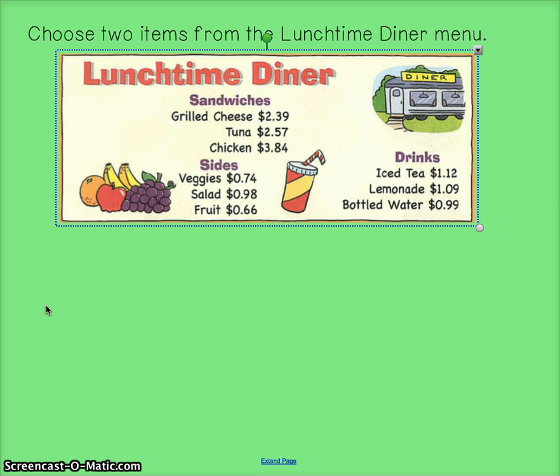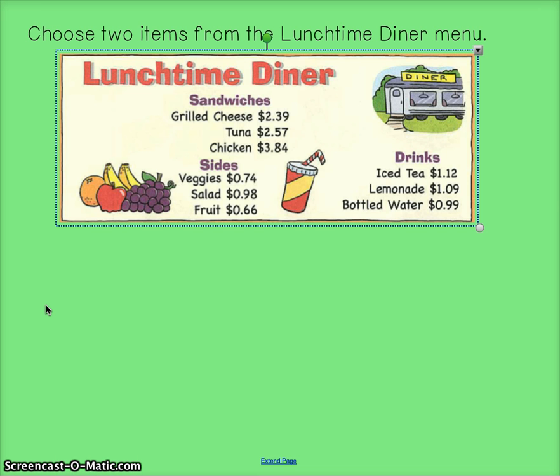All right, so here we see our lunchtime diner menu, and we have some sandwiches, some sides, and some drinks. Well, I sure am hungry, and I'm not even thirsty, so I'm just going to pick two things to get that are food. So let's see, maybe a sandwich and a side.